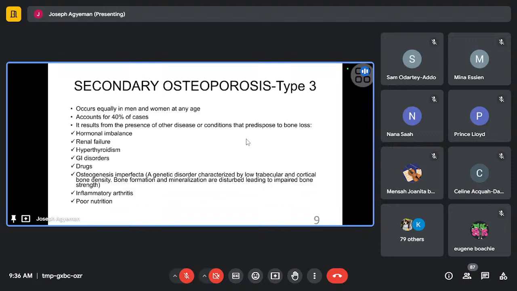Then the type 3, which is also known as the secondary type of osteoporosis. This is caused by an underlying factor. Whenever you see a condition is secondary to something, it means there is an underlying cause that you can actually detect, and that will give rise to the condition.